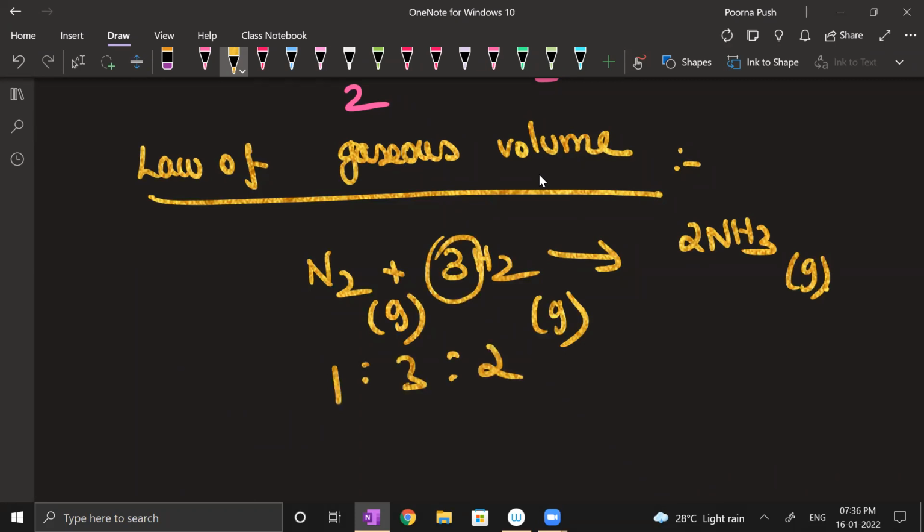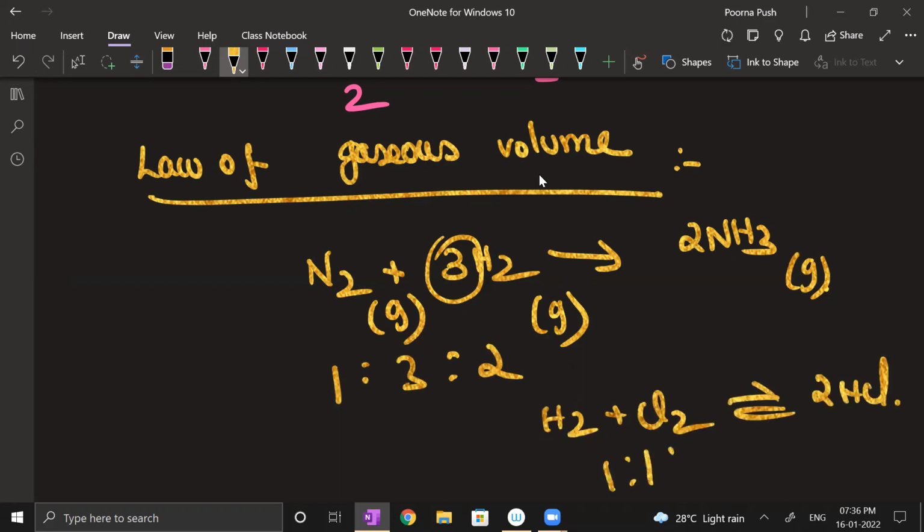That's it. If the reactants are gases, provided the product is also gas, whatever the number of moles will be in the ratio 1:3:2. Another example: H2 plus Cl2 gives 2HCl. So 1:1:2, provided all three are gas.